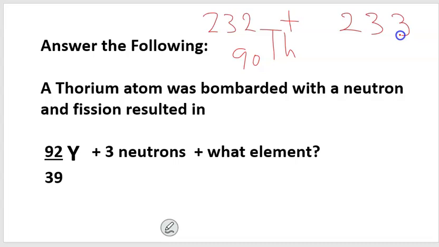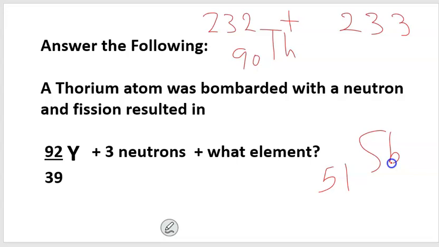So I can find what element on the periodic table it is. Did you come up with the number 51? It's got 51 protons left. And what is that? That's Sb, which is the symbol for antimony, however you want to pronounce that.